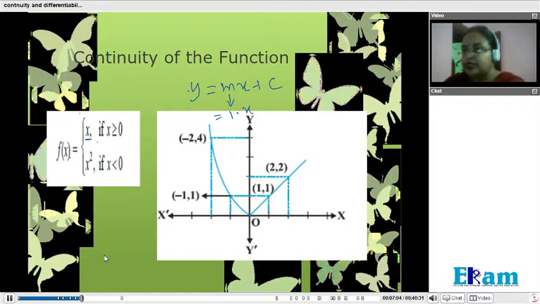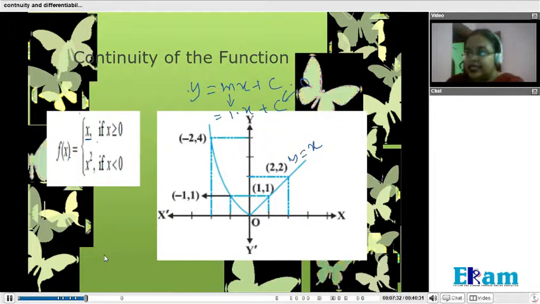So 1 times x plus c. Basically, we do not have the constant term here. The constant term for this function is 0. That means our line equation is y equals x. Alright. So for this y equals x, we get a line which is exactly in the middle of the x and the y axis.